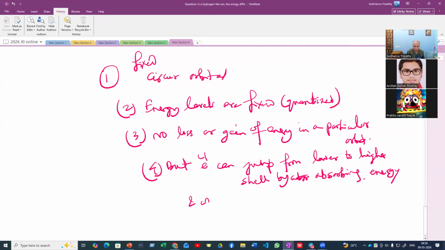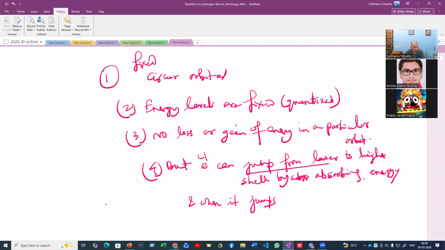And when it returns, it jumps. This word jumps is a very lower level term. Instead of saying jumps from lower cell to higher cell, we must say when excited from a lower level to a higher level, it has to absorb energy.